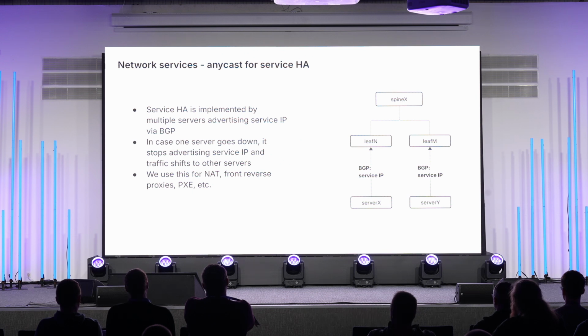Servers have BGP sessions with leaf switches, so in case a server goes down, the BGP session also goes down and the advertisement is withdrawn. So the traffic gets shifted to another server. And also, since we use ECMP, it handles the load balancing part. So yeah, we use this for NAT, front reverse proxies, PXE servers, and a lot more.